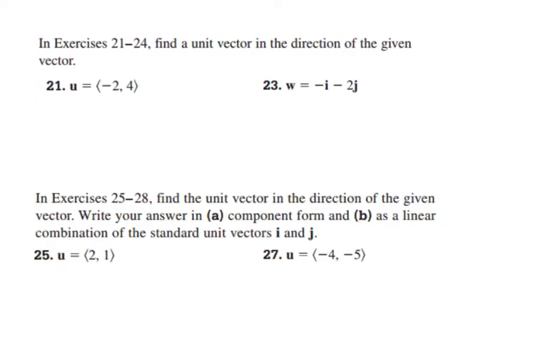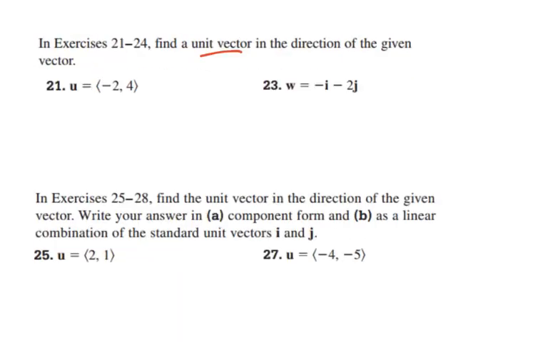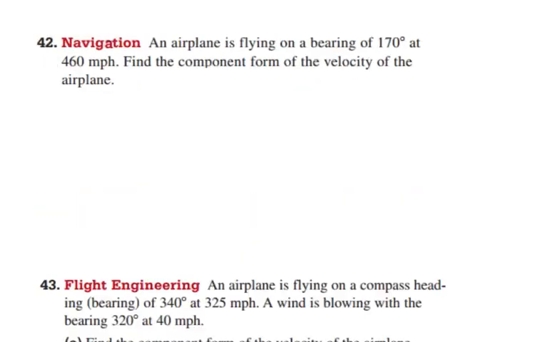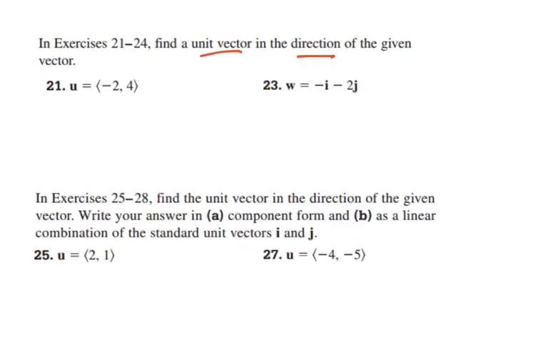Alright, so next one we're going to find a unit vector, and so hopefully we remember our unit vector is taking the component form and dividing by its magnitude, and then it also wants the direction angle of the vector, so that's the tangent inverse of b over a. So in part u, I want to find the magnitude, the first part, so I'm going to take negative 2, square it, add it to 4 squared, and square root.